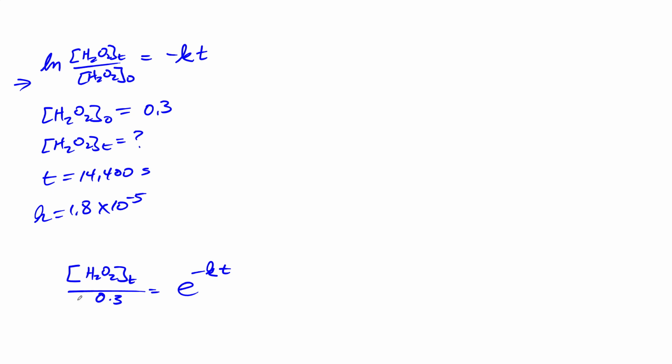I raised both sides to e to the power, and we got these two. So the concentration of H2O2 at 4 hours is equal to 0.3 times e to the minus k, which is this number in scientific notation, times the time, which is 14,400, and we should get this value.